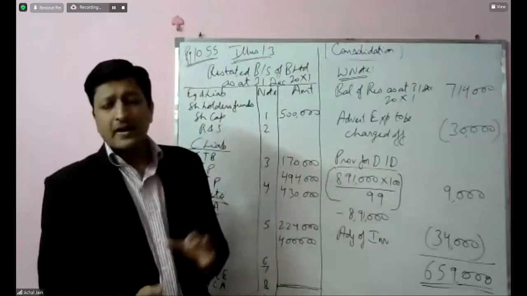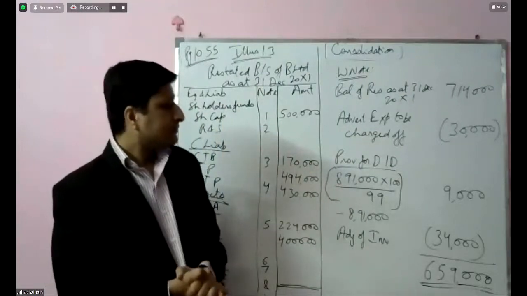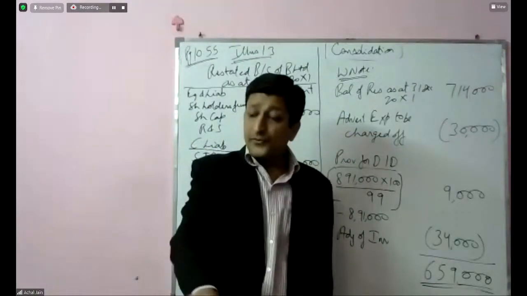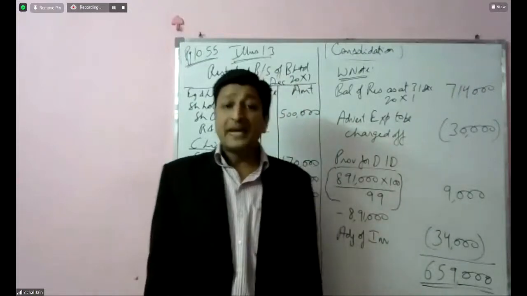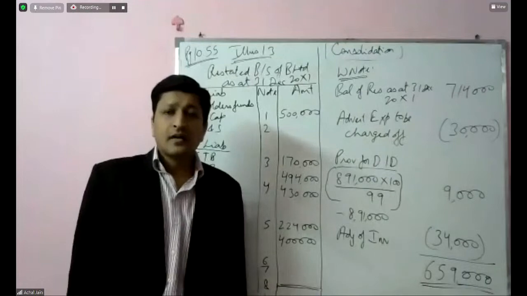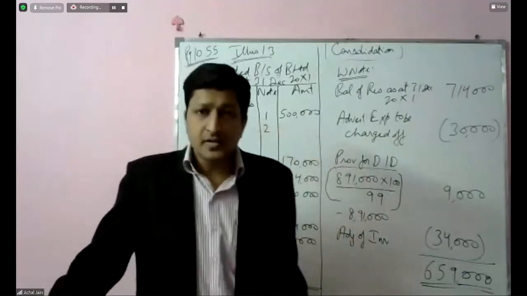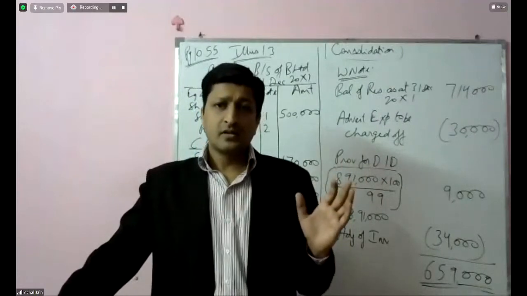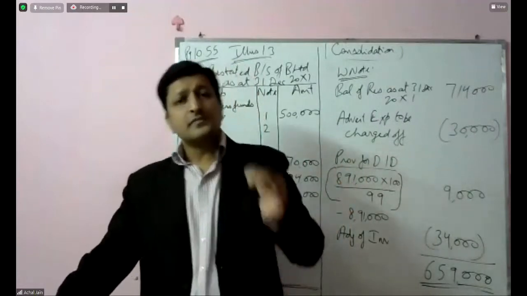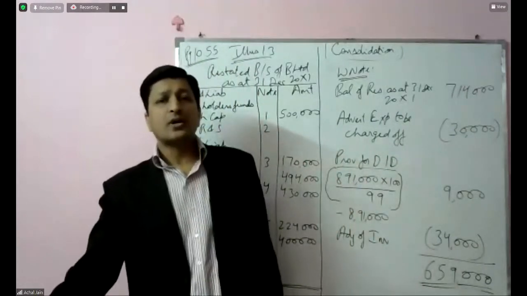Sure. So let's come back to this. If you go back to the information, the question says B Limited subsidiary deducts 1% from trade receivables as a general provision against doubtful debts. Is there any concept of general provision as per the accounting standards?